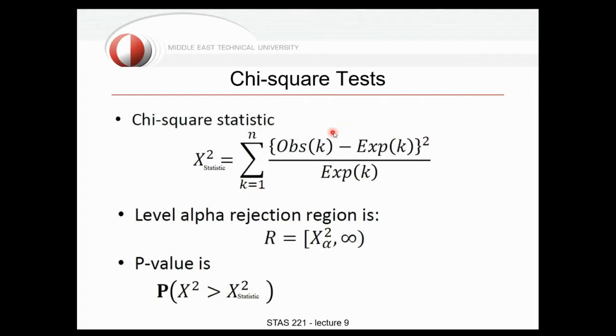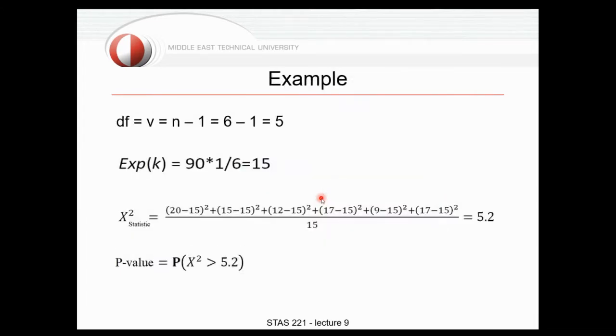So one by one, observed value minus expected value, squared, and divided by 15. Instead of dividing separately for each segment, you can just write it at once because there is a summation between them. After your calculation, you have 5.2 as the result of your test statistic.